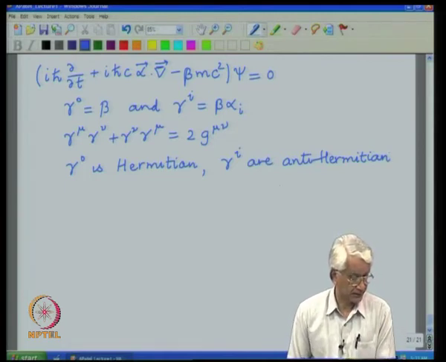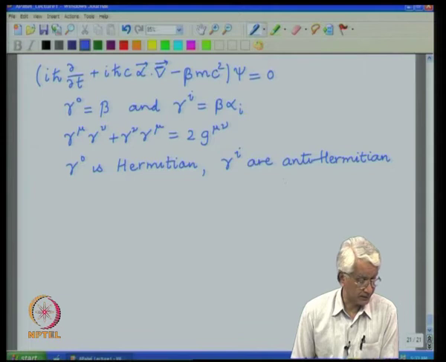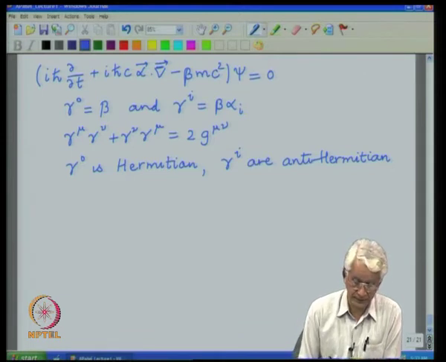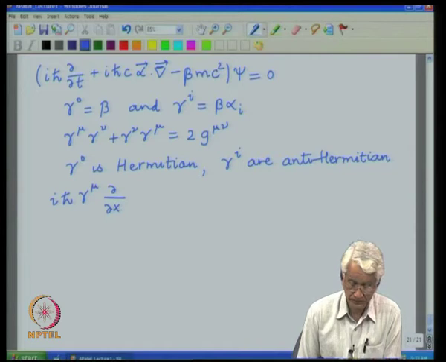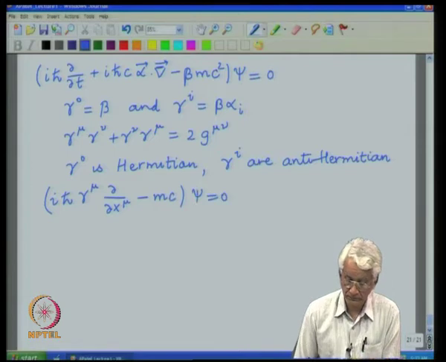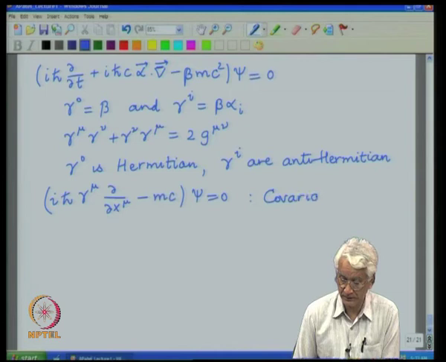Given this convention, the equation can now be written in this particular form, which is explicitly covariant.